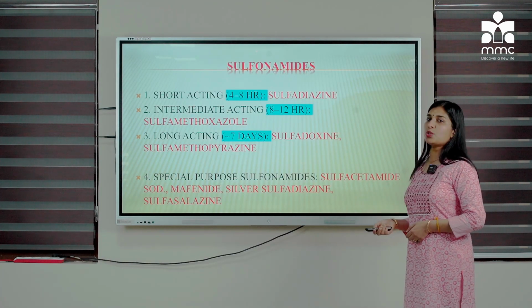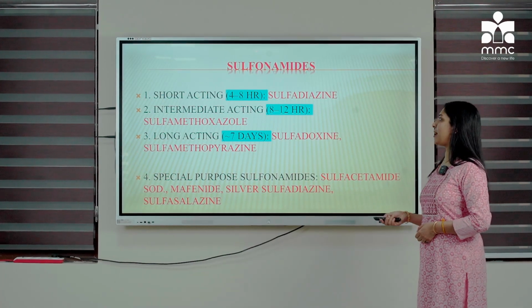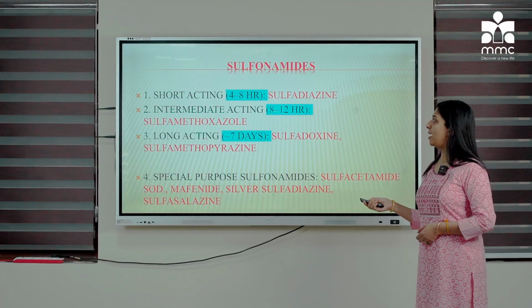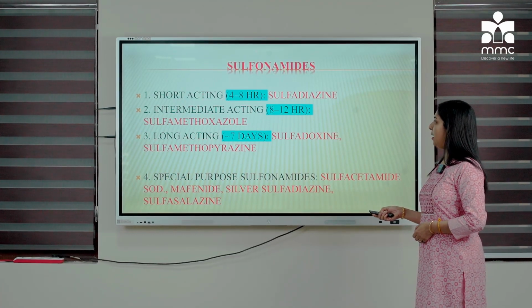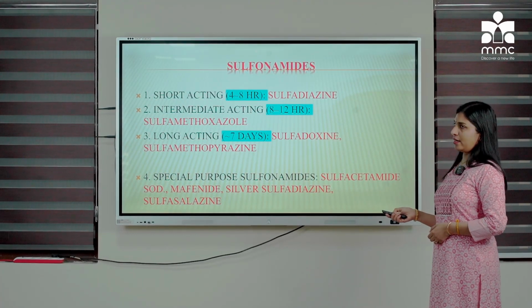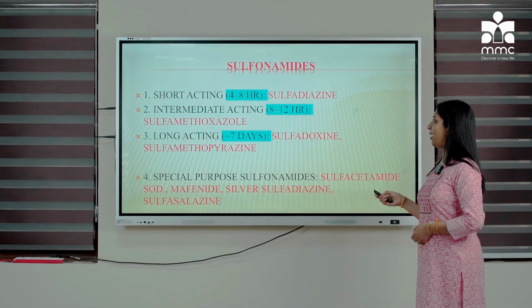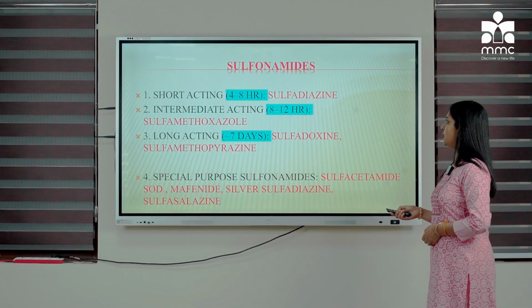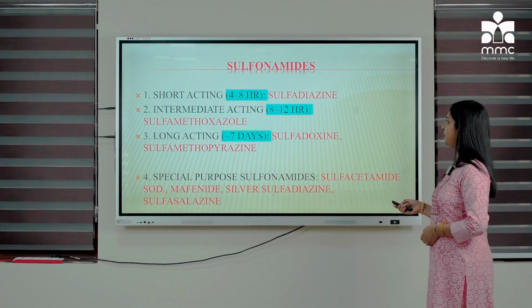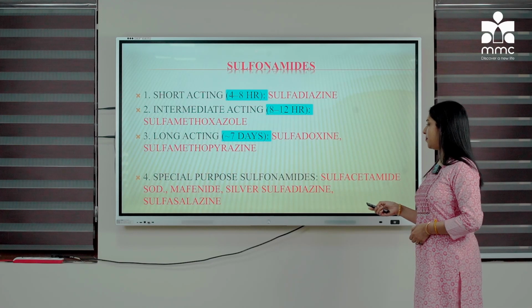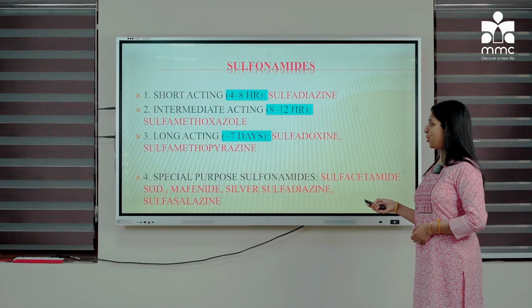Then according to the duration of action, you can classify sulfonamides as short acting, intermediate acting and long acting. Short acting drugs act around 4 to 8 hours, that is sulfadiazine. Intermediate acting, 8 to 12 hours, sulfamethoxazole.